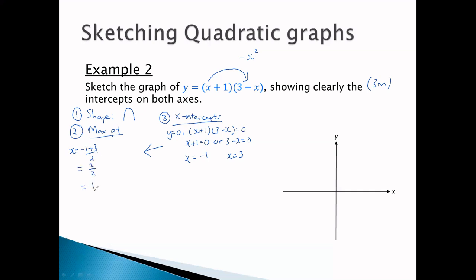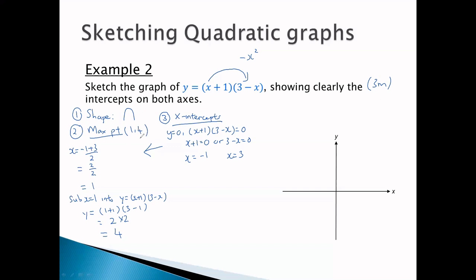Now, how am I going to find the y-coordinate then? I'm going to sub x equals 1 into y equals x plus 1, 3 minus x. So y equals 1 plus 1, 3 minus 1, 2 times 2 equals 4. So in fact, my maximum point is 1, 4.